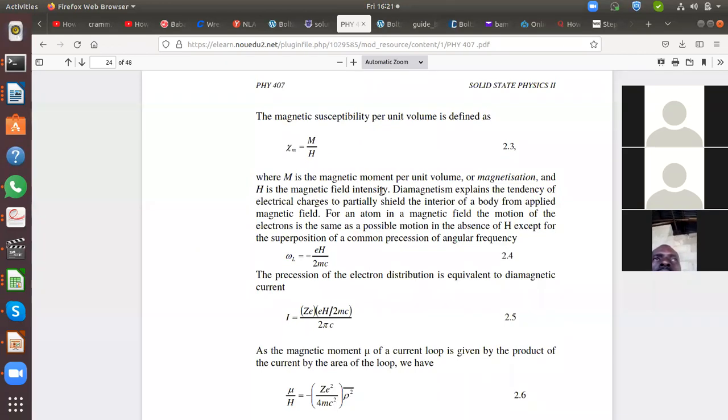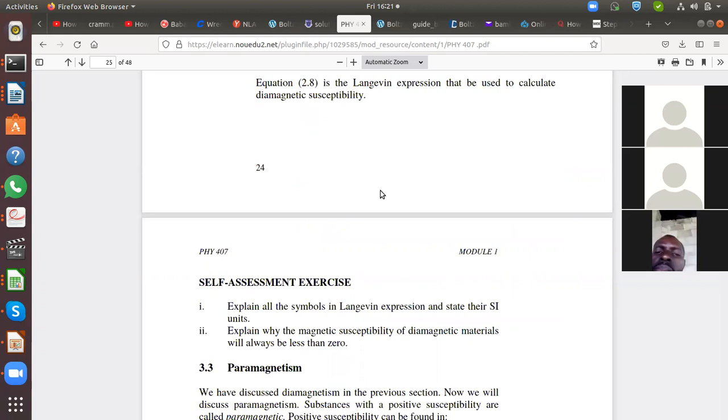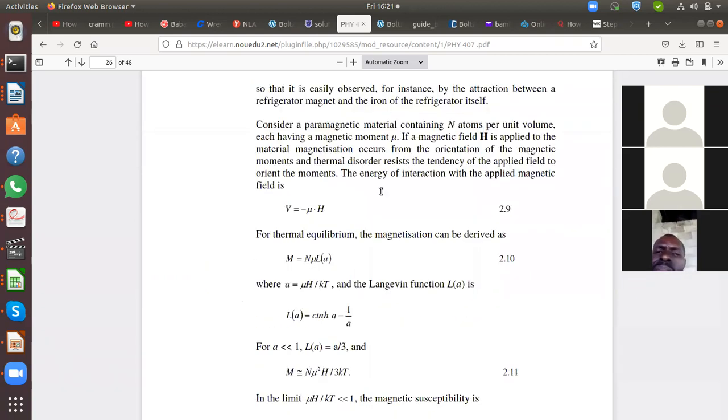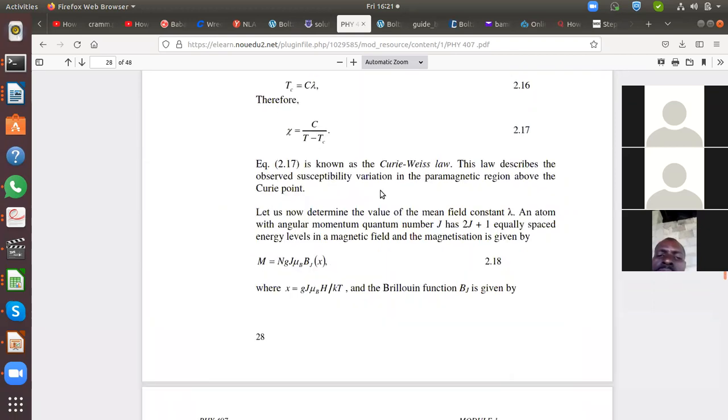So automatically this material is ferromagnetic in nature or is antiferromagnetic in nature.